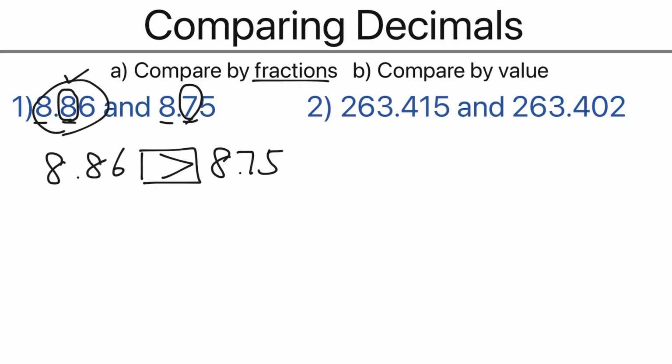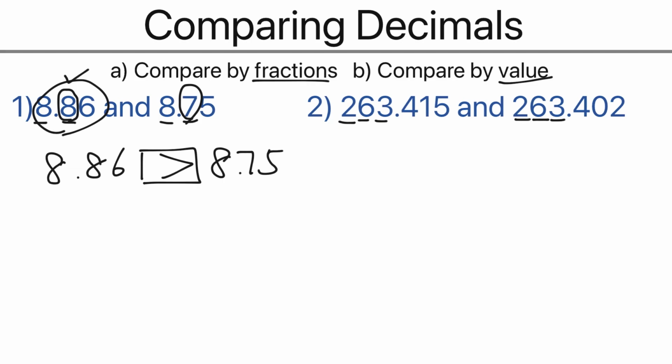Now let's try the second method with value. By comparing the two numbers, 2 is in the hundreds position. Each of the numbers is 200, so they're the same. So we move on to the next number in the tens value, and both are 6. Since they're the same, we move on to the next number, which is the ones value, and 3 and 3.